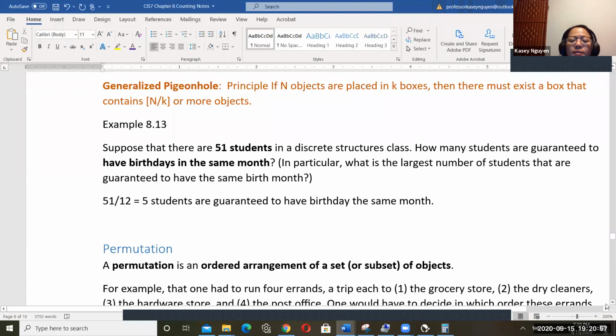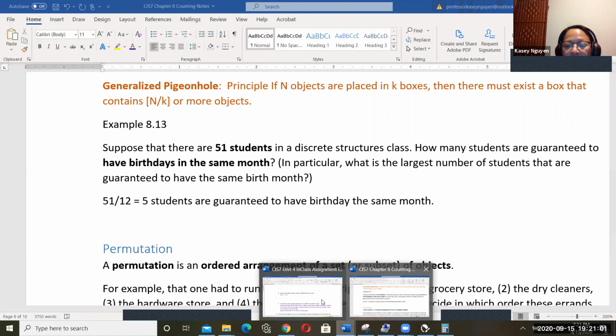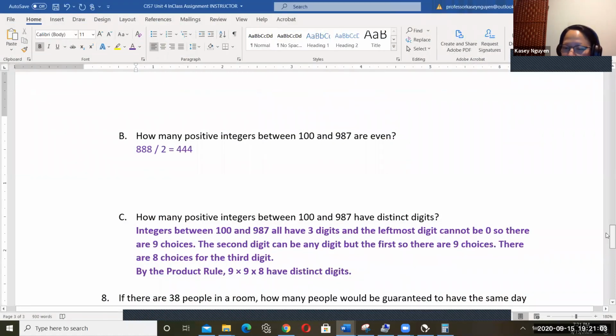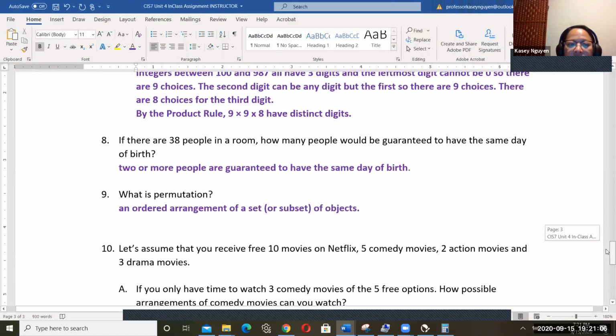Okay, so let's touch on the last question, and you're going to have an early night tonight. Actually, the last 3, which is short. If there are 38 people in the room, how many people would be guaranteed to have the same birthday, the same day of birth?